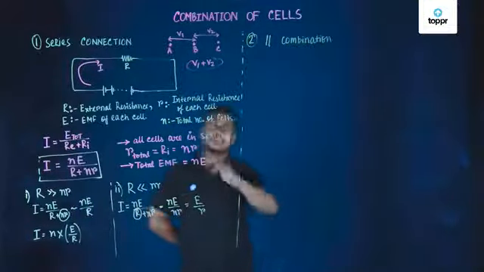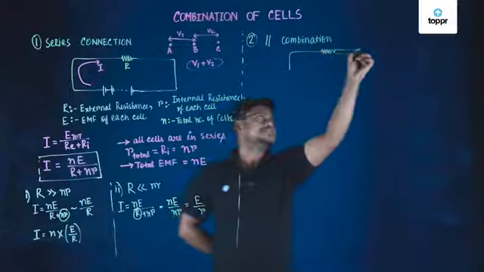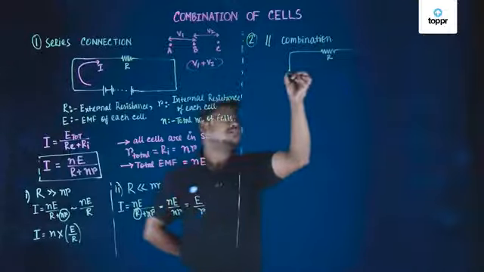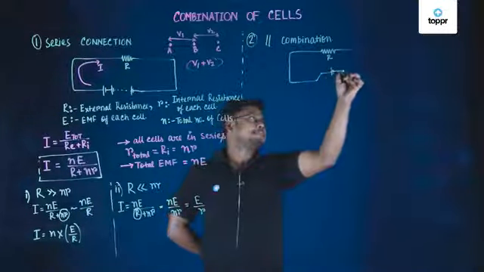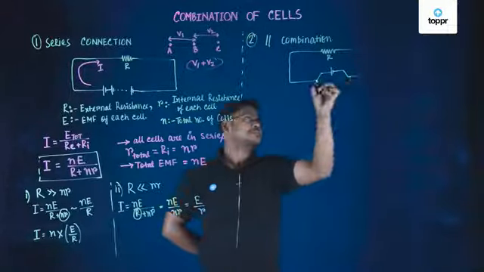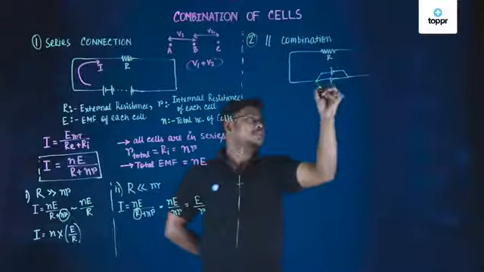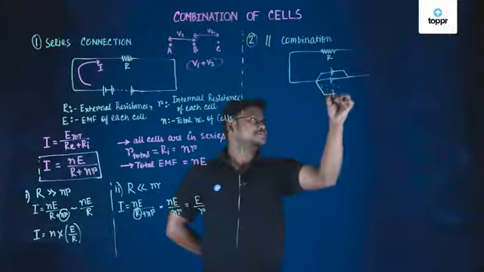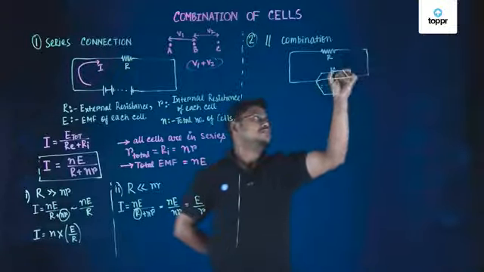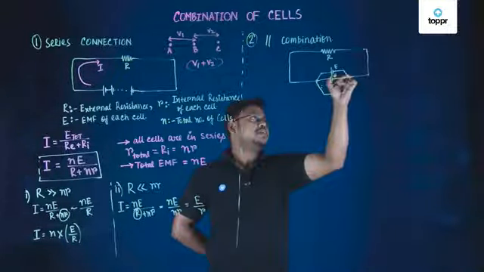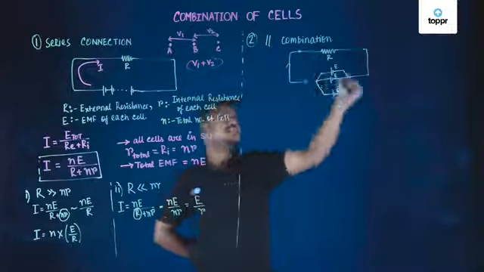Let's draw a simple circuit again, having an external resistance R. Now let this be the first cell, let this be the second cell, and like this there are n number of cells, each having EMF capital E, and the current will flow in this direction.